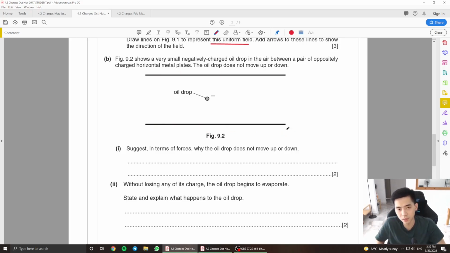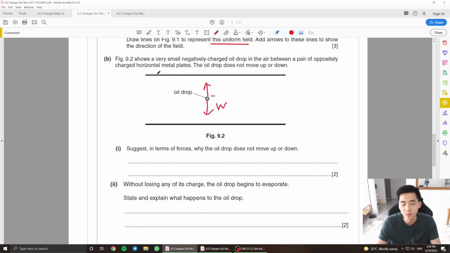Now, if this is the case, you have to understand that in order for this oil droplet to be stationary, the upward forces must be equal to the downward forces, right? And logically speaking, the downward force is obviously going to be its weight.